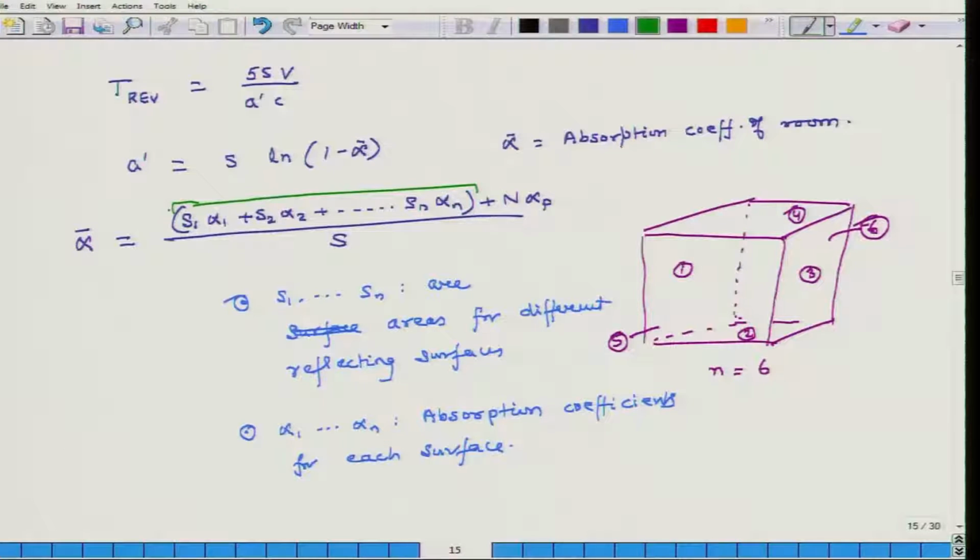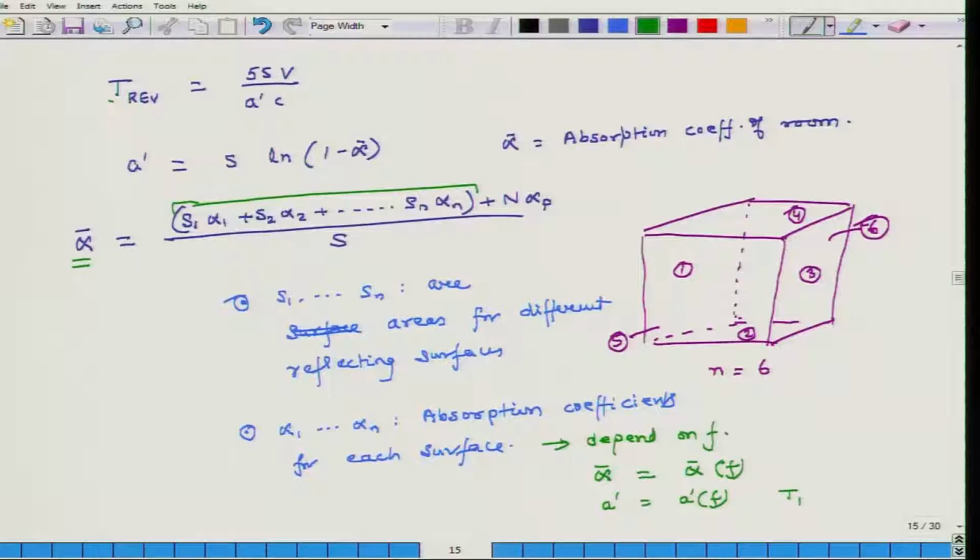okay, this entire parameter. Now, these alphas actually depend on frequency, which means alpha bar is a function of frequency, and because alpha bar is a function of frequency, A prime is also a function of frequency, and because A prime is a function of frequency, the reverberation time also changes with frequency.